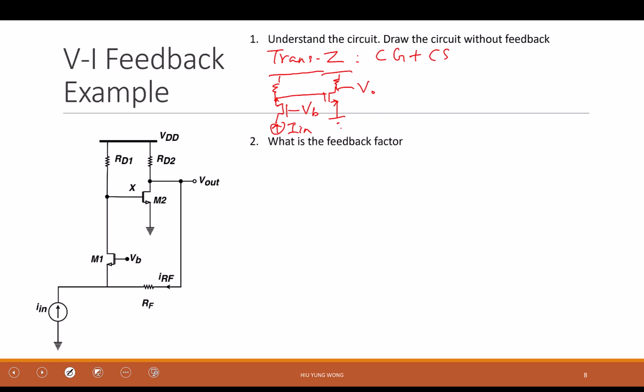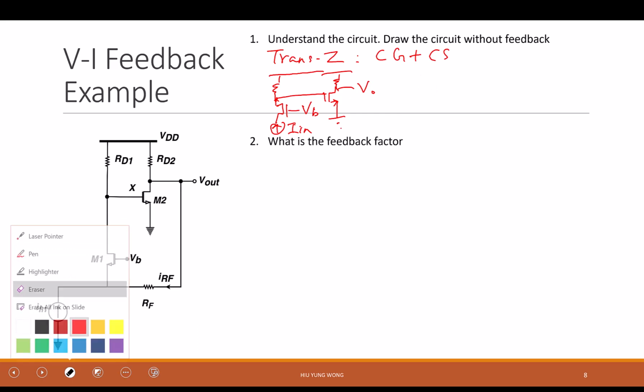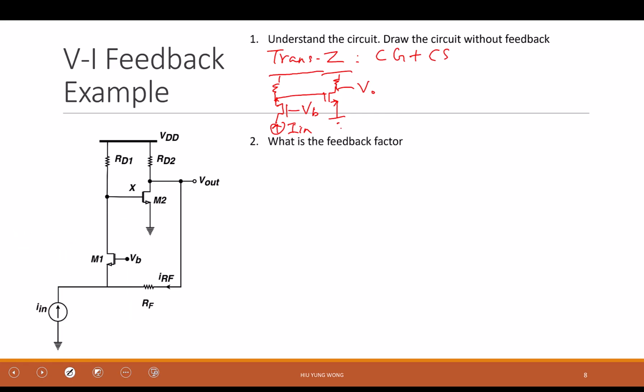Let's look at the gain of the common gate. What is the gain of the common gate? Typical is gm RD. If you don't have that in your cheat sheet, then you do need to go through this step.